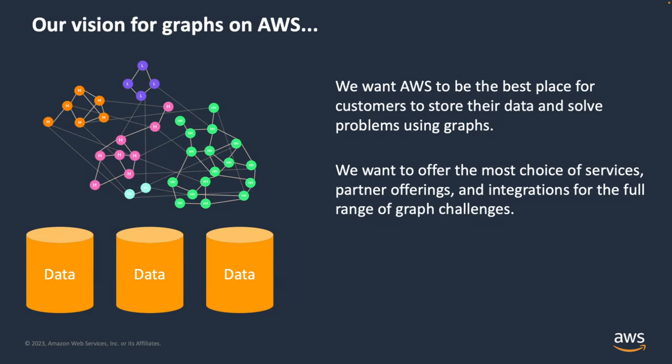On the Neptune side, we believe that Neptune should be a great choice there, but it's not the only choice. And we want to embrace all of the folks who are doing great work to help people use graphs to solve problems, because that's fundamentally what we're about and why we're here. And for me, it's why I get up in the morning and get excited about these kinds of things. And I know why all of you are here at 9 a.m. on a Saturday in Seattle.